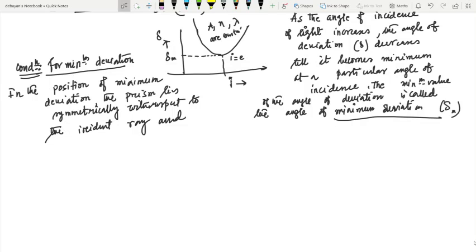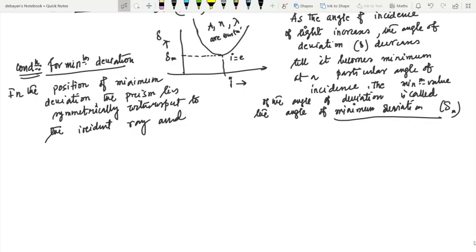So when we are considering this prism, the diagram is like this. This is the ray which is coming, and if we draw a normal, this is the angle of incidence, and it will be refracted into the prism.